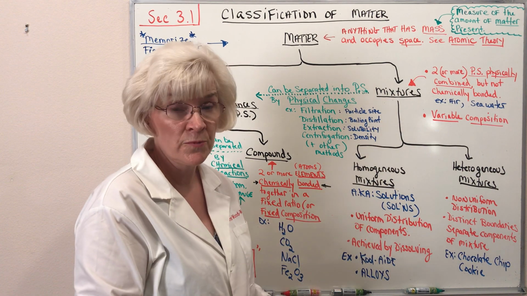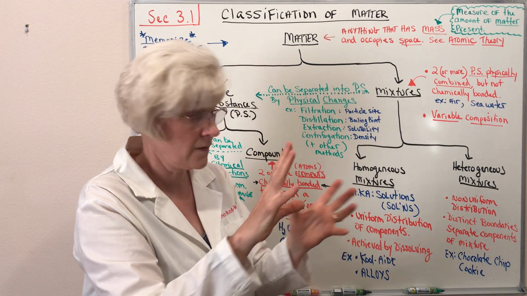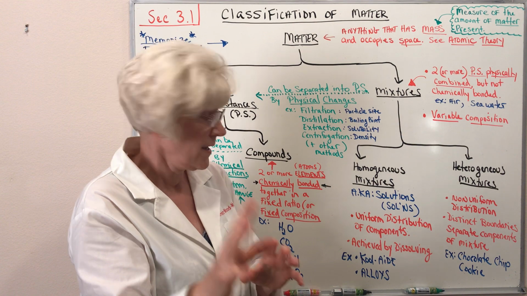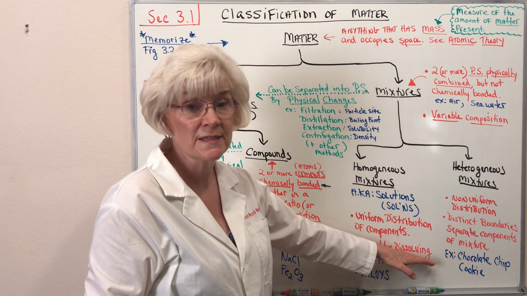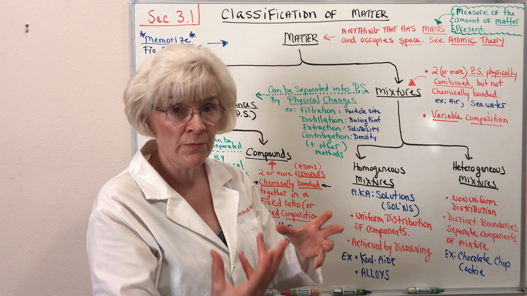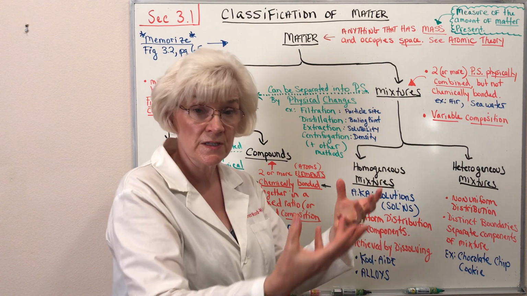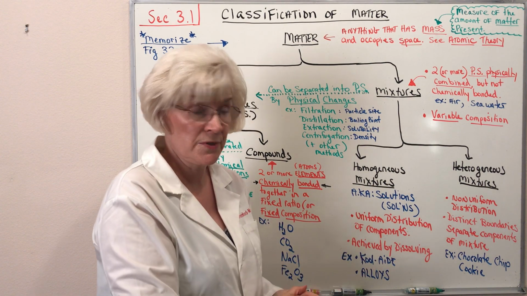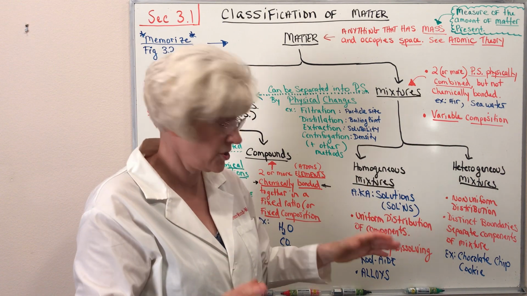When you look at a homogeneous mixture, the mixture looks the same all throughout. And the reason that it looks the same is because a dissolving process has happened, where one or more pure substances are dissolved in another pure substance. So it gives that uniform distribution.